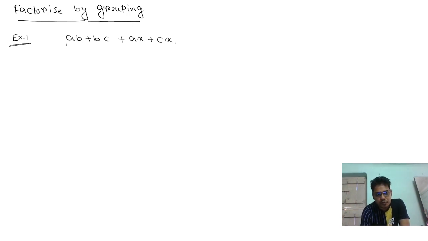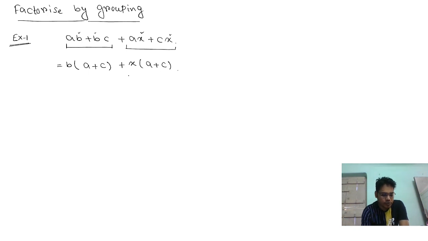So first if you look at these two terms and these two terms, in these two terms you can see that B is common. So if you take B common, it will be A is there and C is there. So B common, that is B into (A plus C). Now the third term and fourth term, you can see that X is common in those two. So X common, so it will be X into (A plus C).